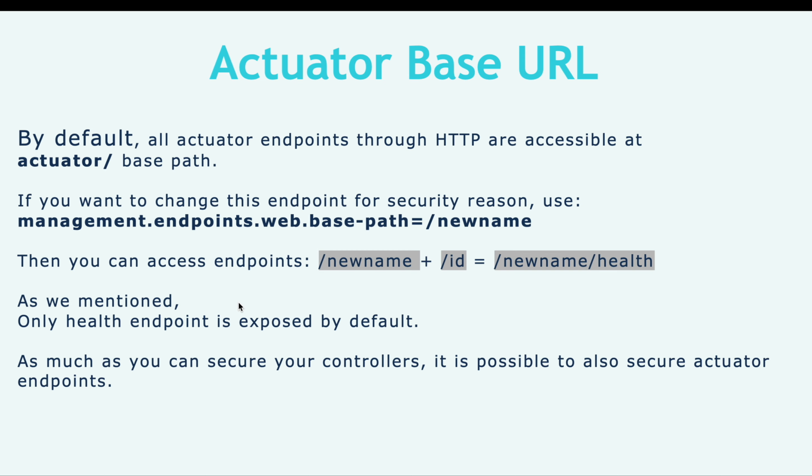As we mentioned, health is enabled and is exposed by default. And we know that as much as we can apply security on our controller endpoints, it is also possible to secure our actuator endpoints. So we will see about that in the upcoming lecture. Thank you.